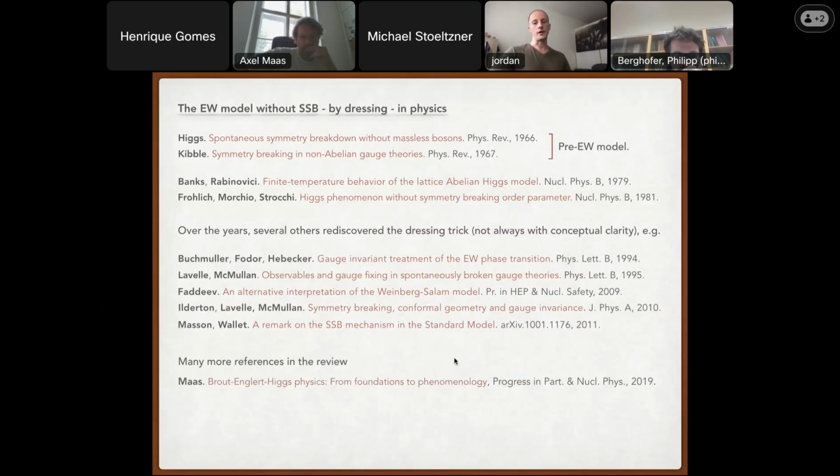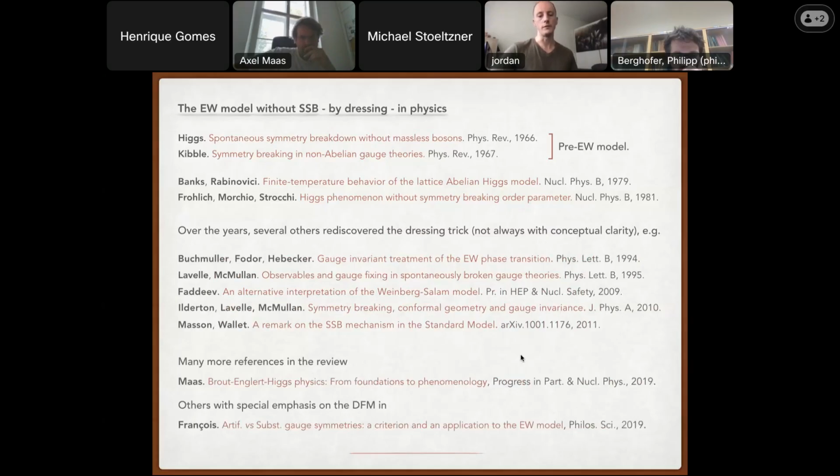And the same year, I did myself elaborate a bit about this artificial versus substantive gauge symmetry stuff.